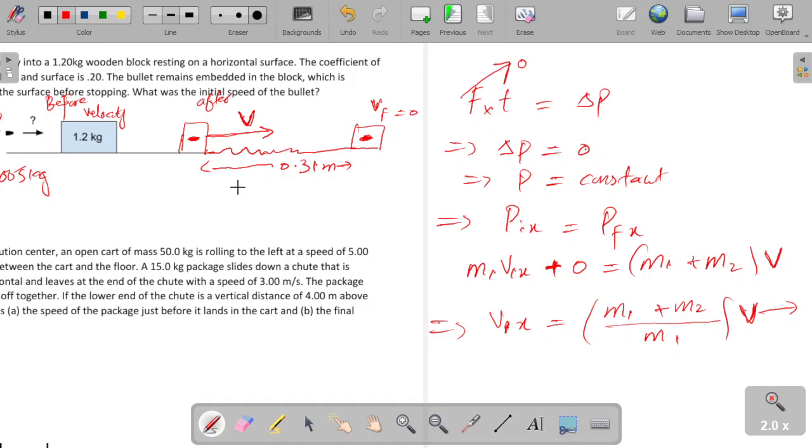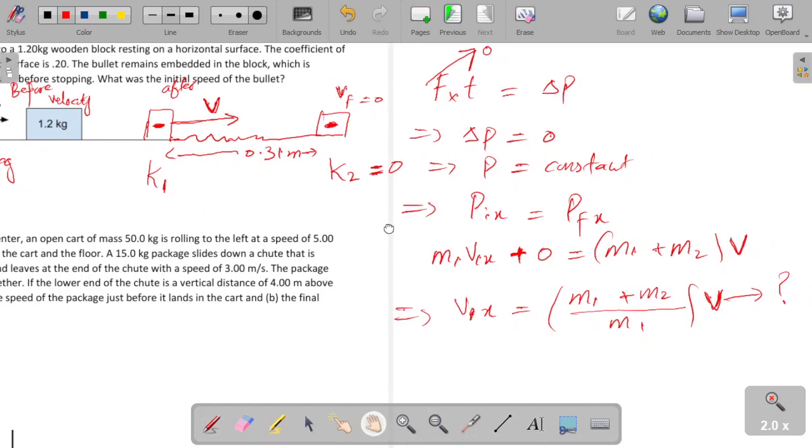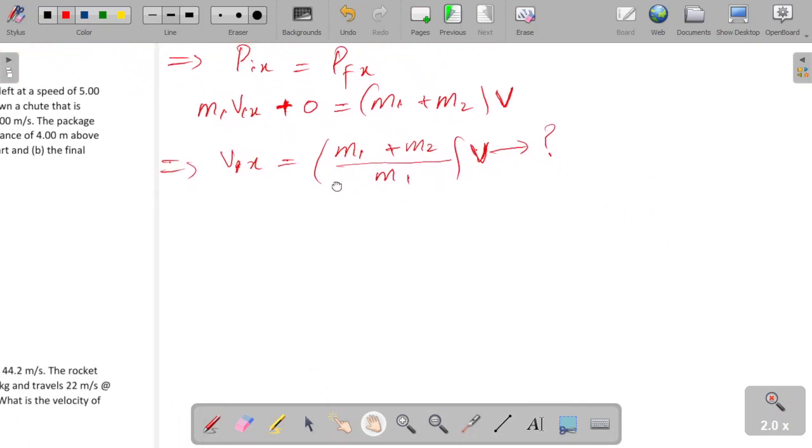Let's suppose I denote the kinetic energy here with K1, and here kinetic energy K2. Eventually it comes to rest, so the kinetic energy at this stage will be 0. Due to the rough surface, the kinetic friction will do work against the motion of the body, therefore the body stops.